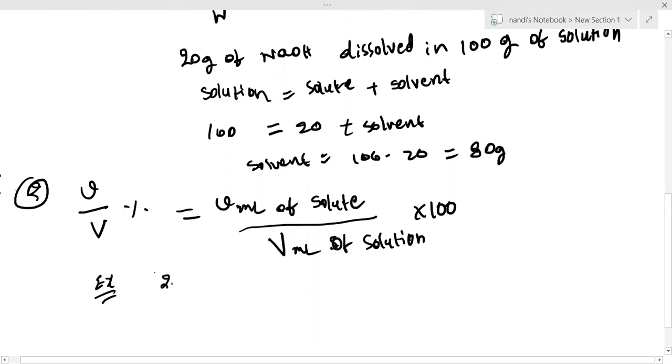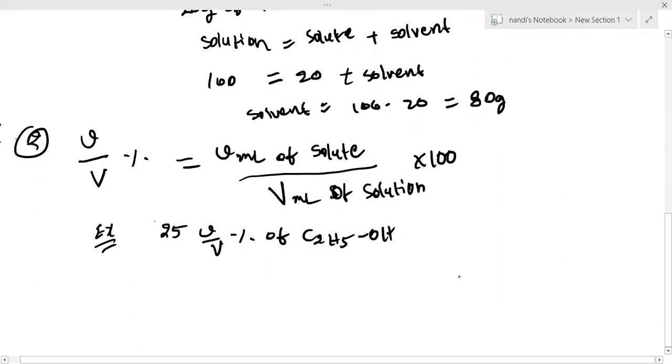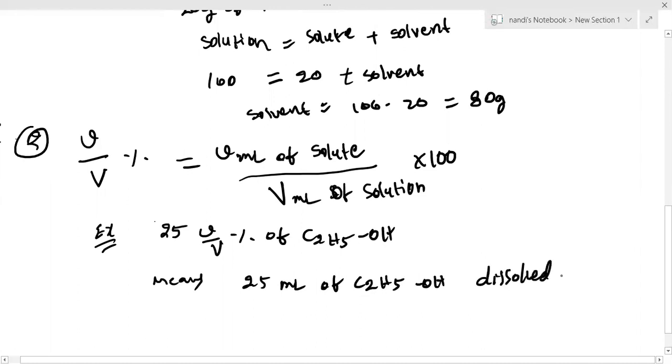For example, 25 V by V percent of ethyl alcohol. What's the meaning of this? It means 25 ml of C2H5OH dissolved in 100 ml of solution.